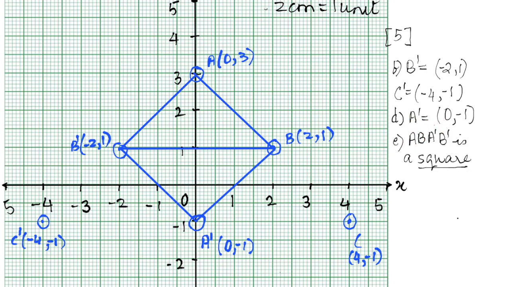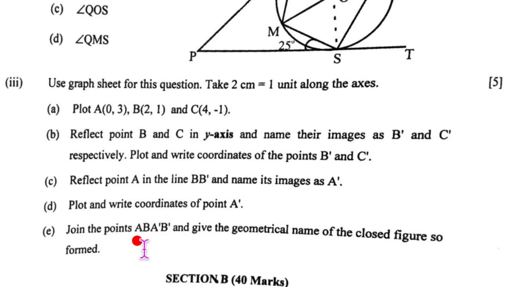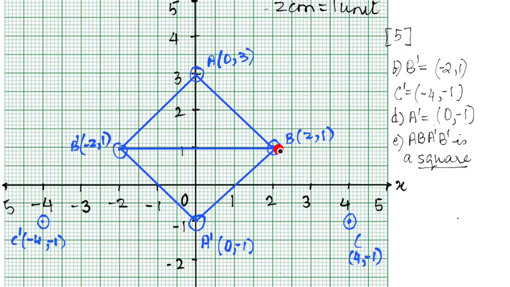And lastly, they ask us to join A, B, A dash, B dash and give the geometrical name of the closed figure so formed. We join then what they told us to join, and now you will see that the figure so formed, it may look like a diamond to you, but if you look at the diagonals, can you see the diagonals are 2 units here, 2 units here, 2 units here, 2 units here.